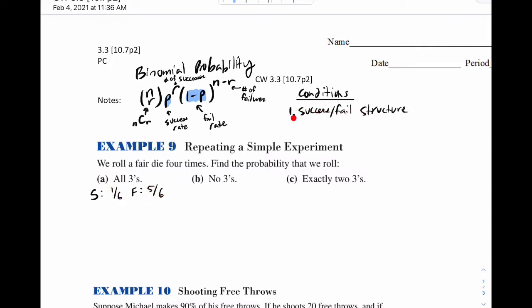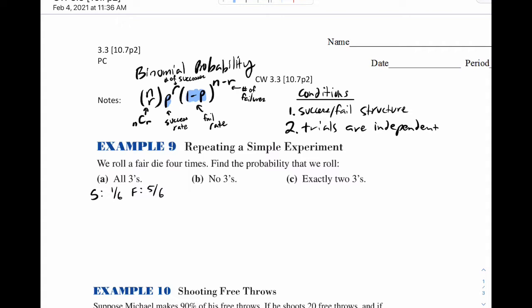That's your first condition. The second condition is that your trials are independent. So independent meaning that the second trial has no effect on the first, and the third has no effect on the second, and so on.